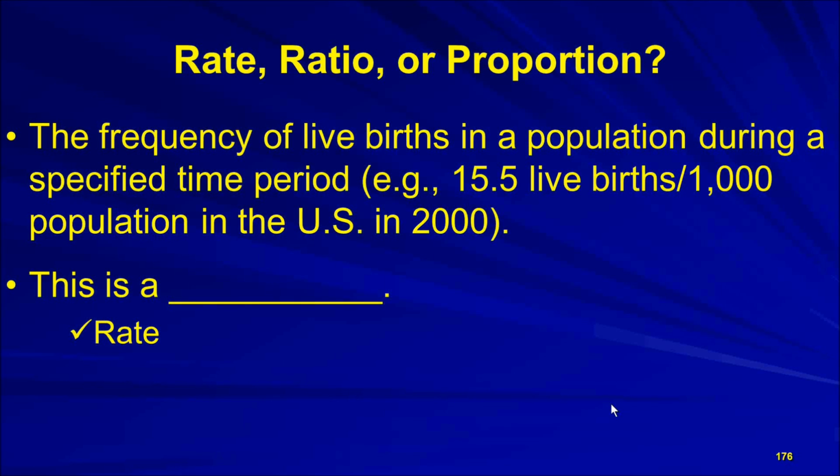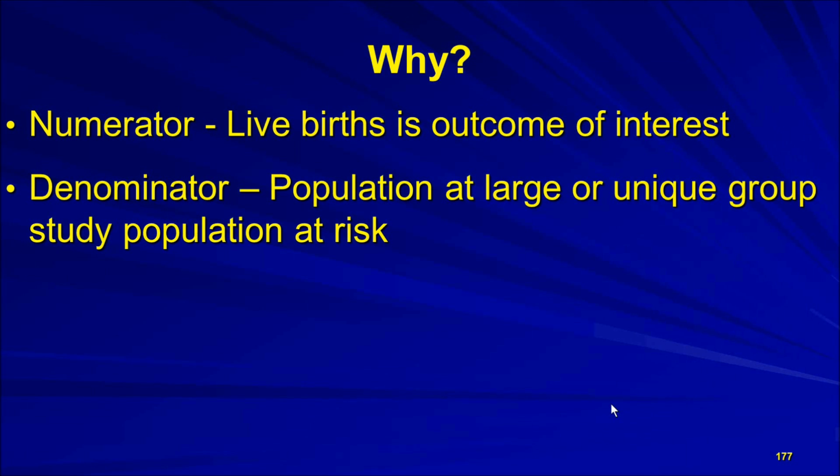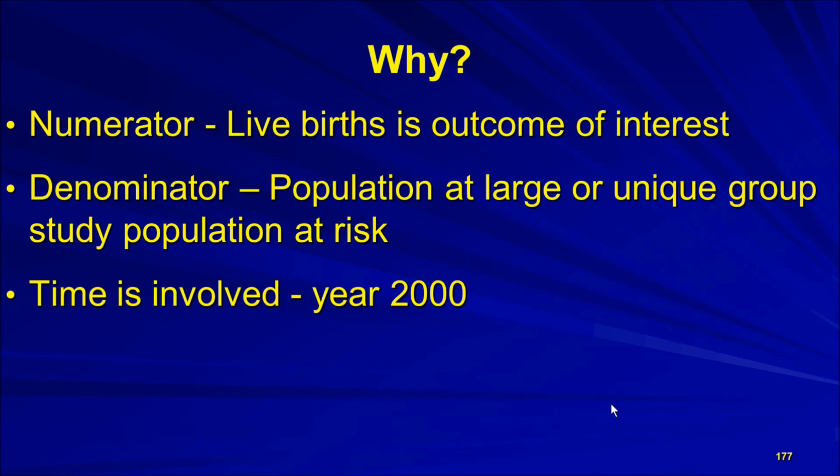Another problem will help make that clarification. Notice the word frequency, having to do with magnitude. Frequency comes from the definition of epidemiology introduced at the beginning of the course. Okay? Next. Why? Numerator, live births, is the outcome of interest. Denominator, population at large or unique groups, the study population at risk.